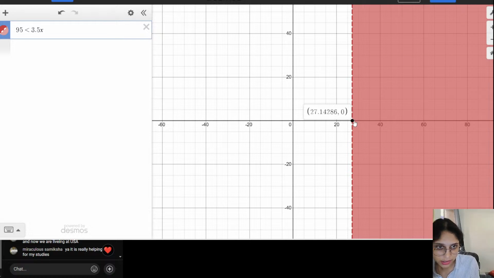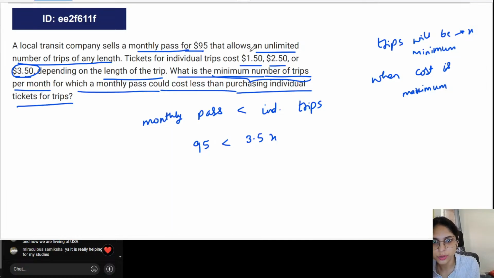That gives 27.14, but it is greater than that number. So the minimum number of trips is going to be 28.